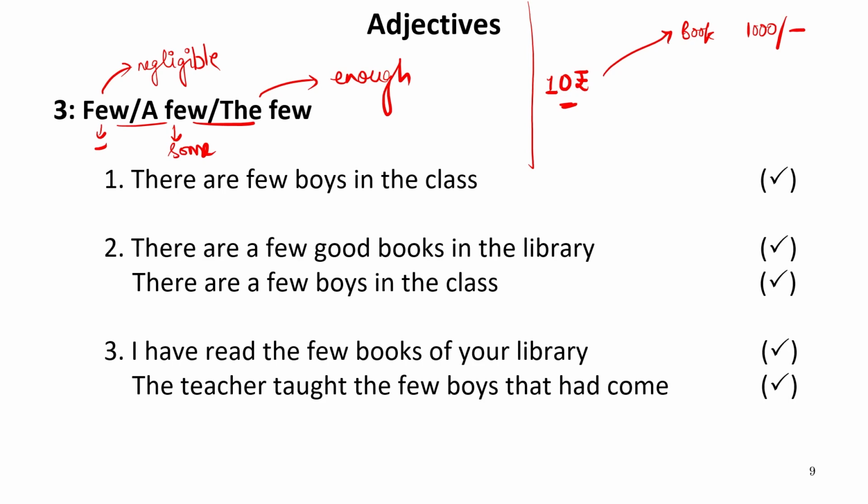He will not, of course, give me the book on loan. He will not say, okay, you will give me the remaining amount later. Obviously he will show me the book, but he will not give it to me to take home, because 10 rupees is just negligible in front of 1000 rupees.